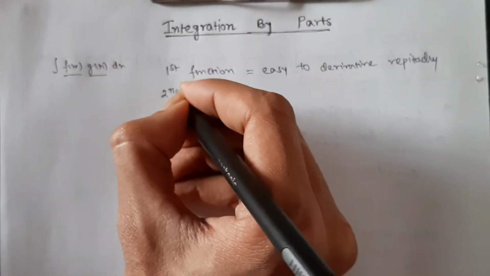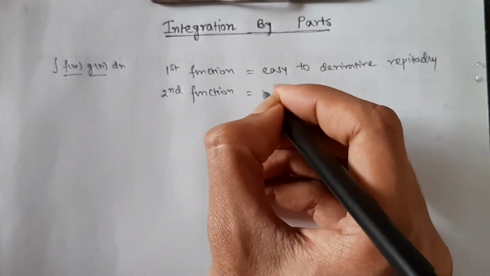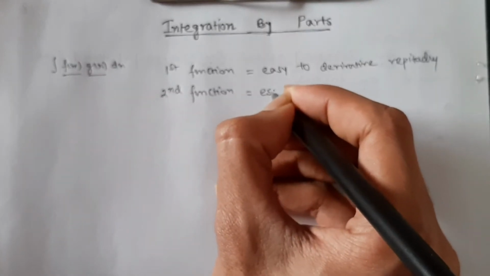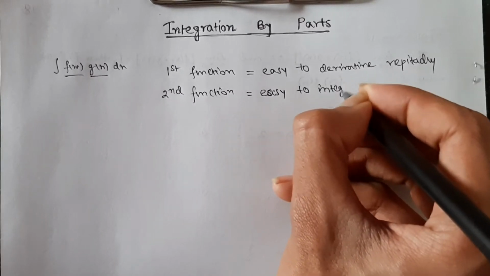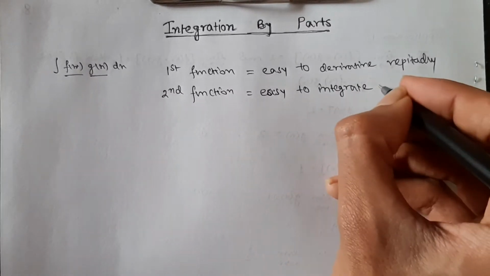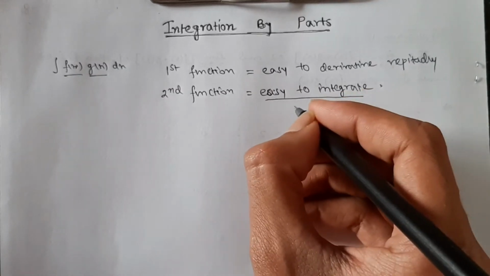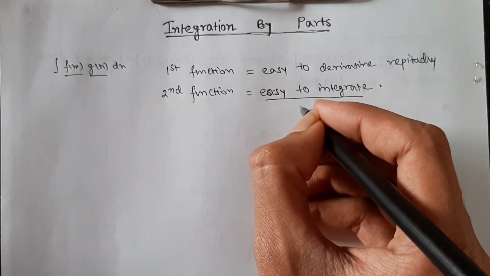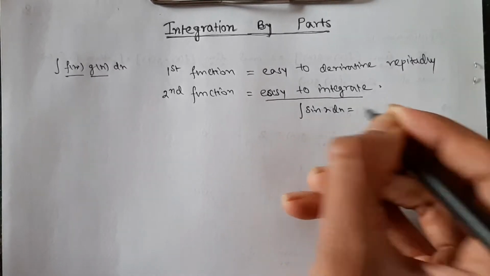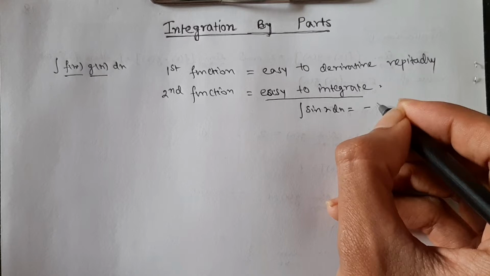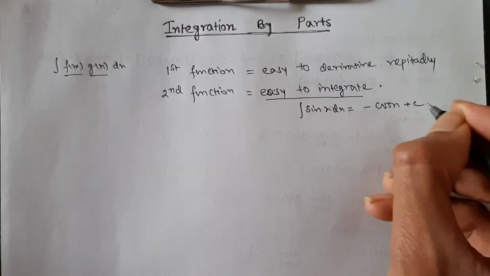and the second function as one that is easy to integrate. So what is called easy to integrate? Easy to integrate means a function whose integration formula we know, like the integral of sin x dx is equal to minus cos x plus c.